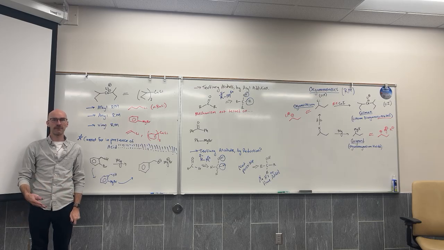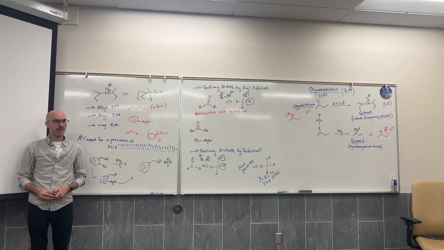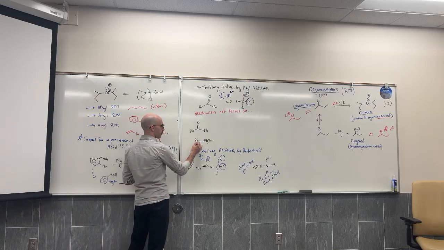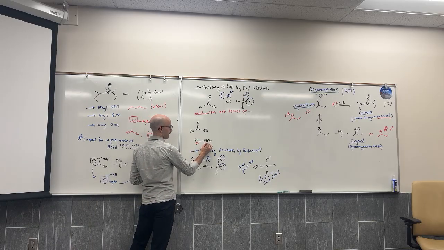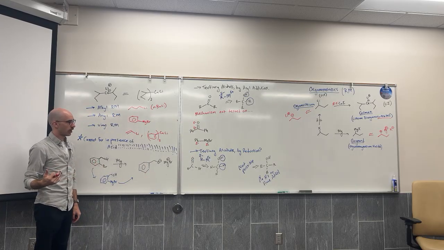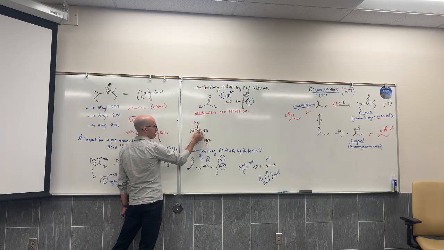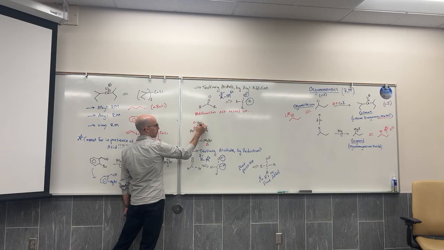How do we make triphenylmethanol? I start with my phenyl Grignard. So I've got a carbon-magnesium bond. And remember, carbon is more negative, magnesium is more positive. Which means my carbon attacks my carbon. My organometallic attacks my carbonyl.